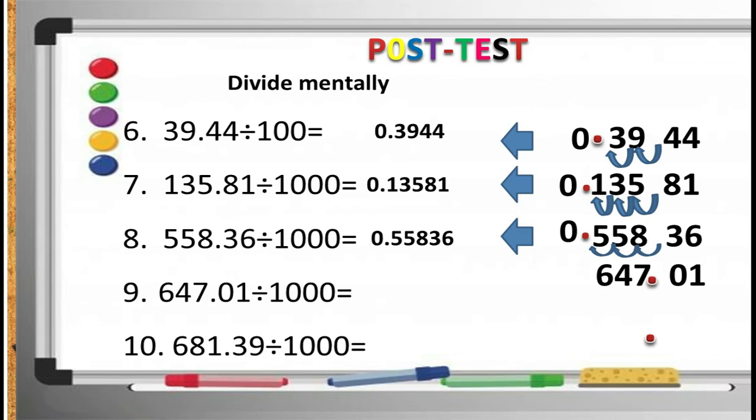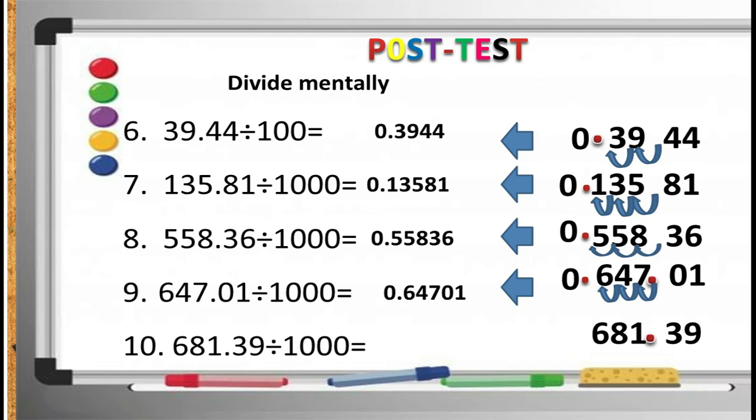647 and 1 hundredths. Move 3 decimal places to the left. 1, 2, 3. Here is the decimal. Write 0. The answer is 64,701 hundredths. For number 10, 681 and 39 hundredths divide 1,000.